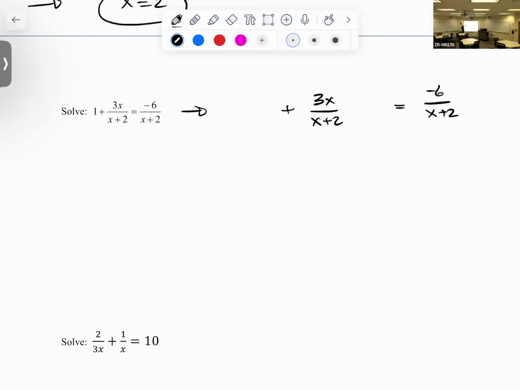The big part here with an integer 1, if I have 2 other fractions, what should I do to this 1? Turn it to x plus 2 over x plus 2. Yes, or to start, 1 over 1. Turn it into a fraction, and then you're absolutely correct. I need to create the common denominator there, which means I'm going to do x plus 2 all over x plus 2. I could immediately skip that step, just slower. So we turn 1 into 1 over 1, then create the common denominator among everything.